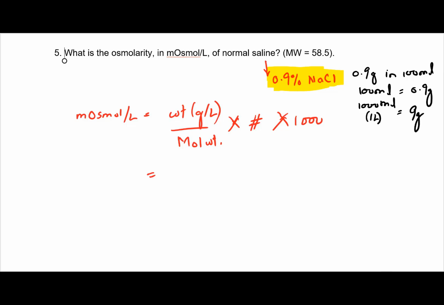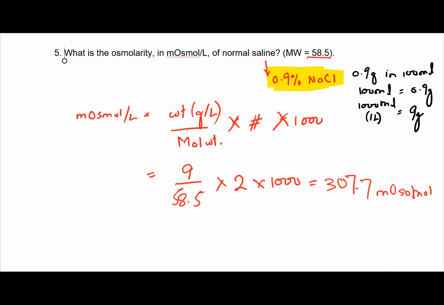So I've got the values here now. I can plug them in the equation. Weight, grams per liter is 9. Molecular weight is given here, 58.5. Number of particles will be 2 because it's sodium chloride. So sodium chloride will dissociate into sodium and chloride. Is that okay with everybody? Should we move on? Okay.